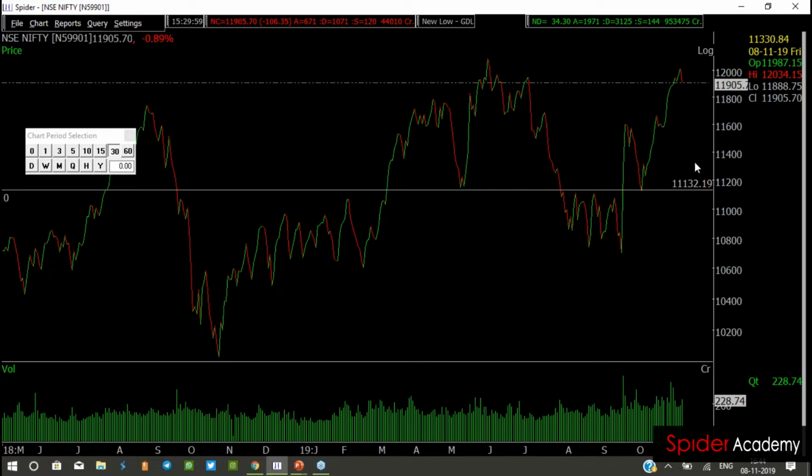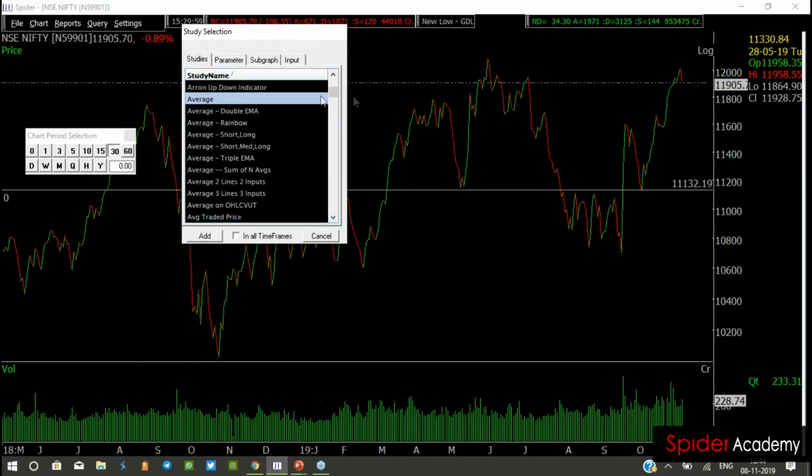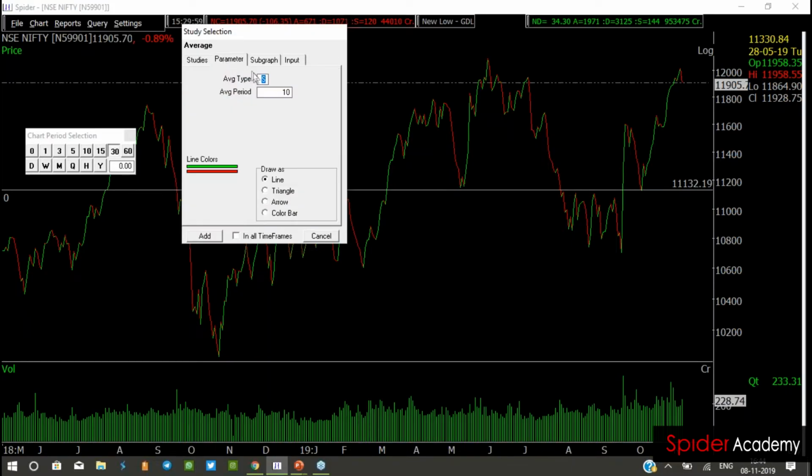To smoothen the price, we use a moving average. So over here, I am applying an average and smoothening the value of price. So we always take an exponential moving average.